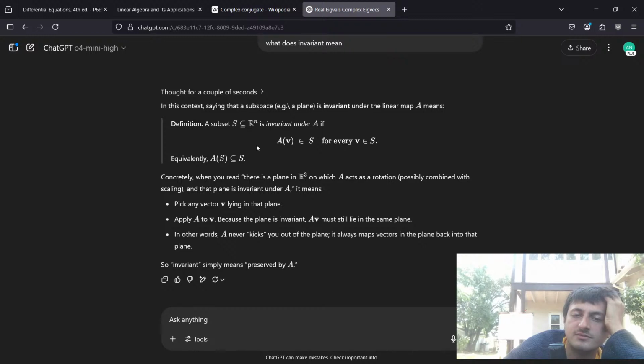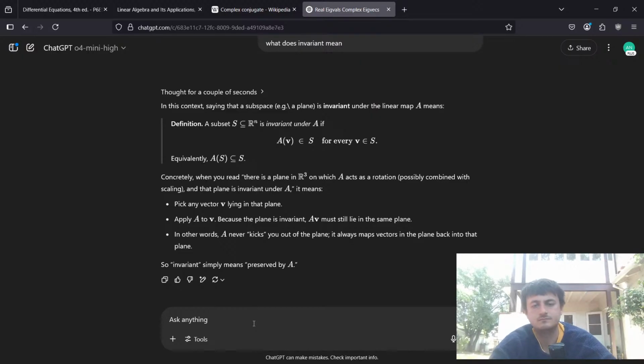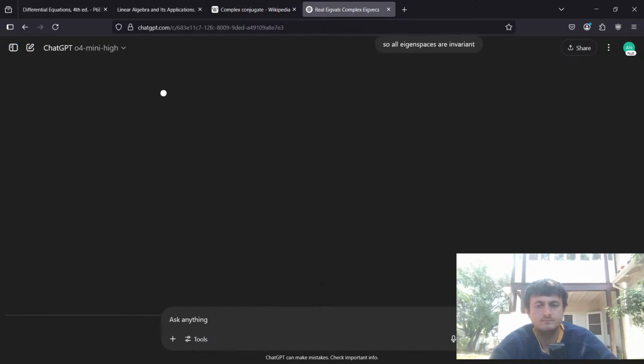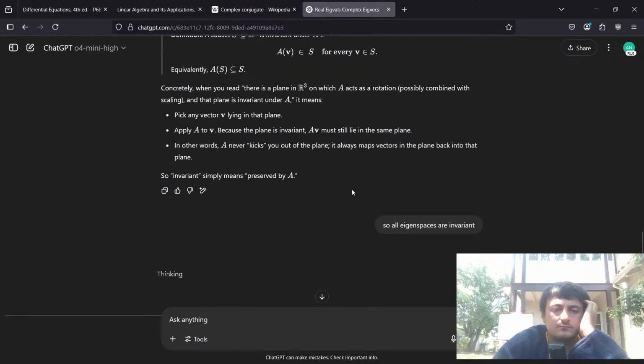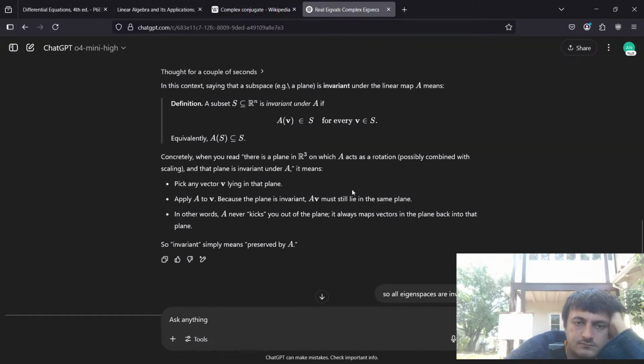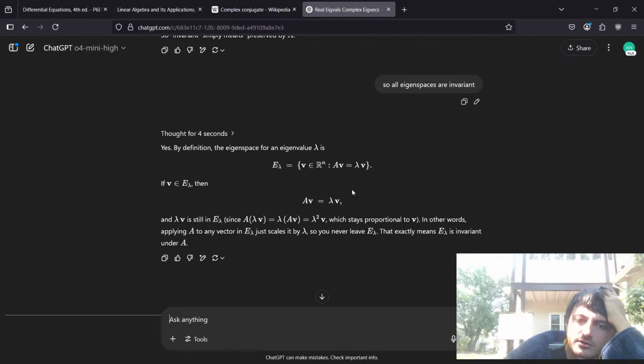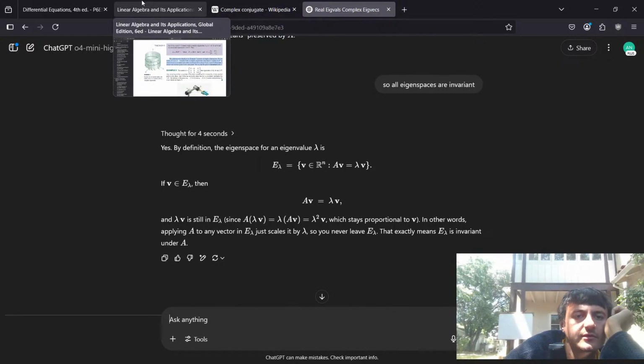That's not true of all subspaces. Yeah, so every eigenspace is invariant.